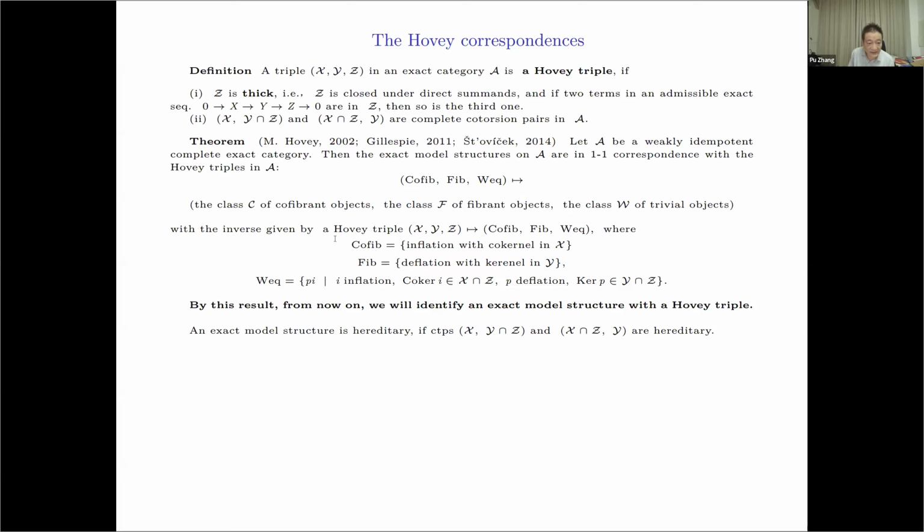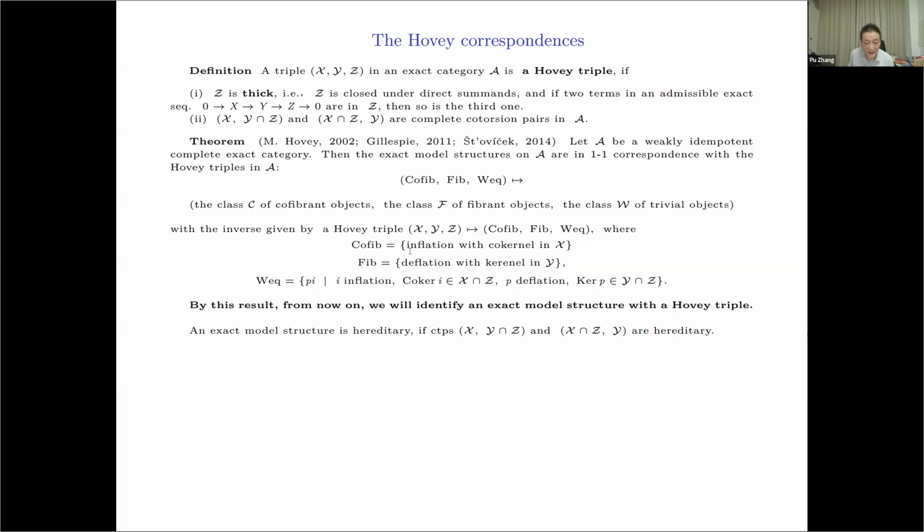And conversely, the inverse map is given as follows: if you have a Hovey triple of classes of objects, you get cofibrations, fibrations, and weak equivalences defined like this.